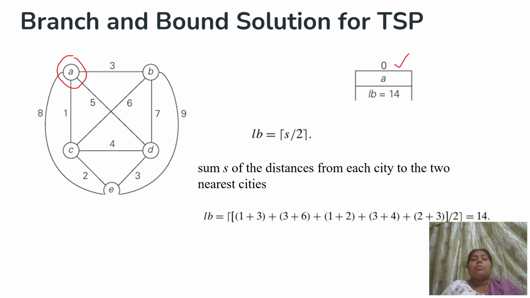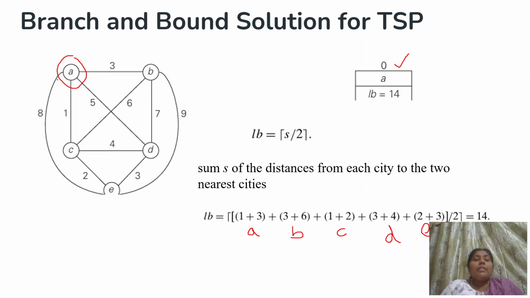To get the initial bounding function, we have to find the cost for each and every vertex. I want to calculate a value for the A vertex, the B vertex, the C vertex, the D vertex and the E vertex, so totally 5 vertices. From each vertex, I find the smallest distances to its two neighboring cities.